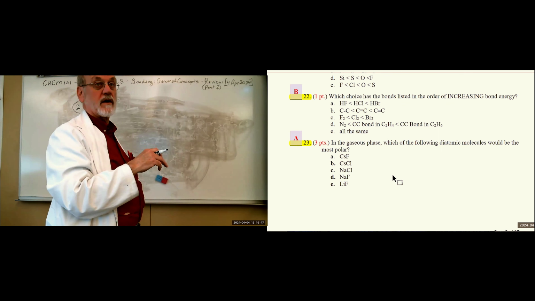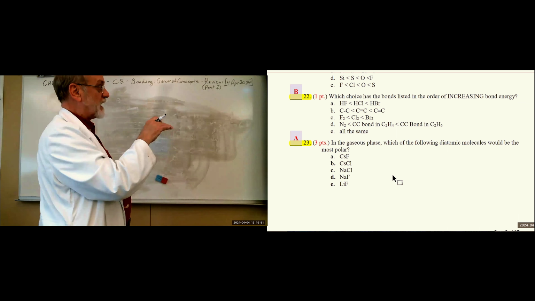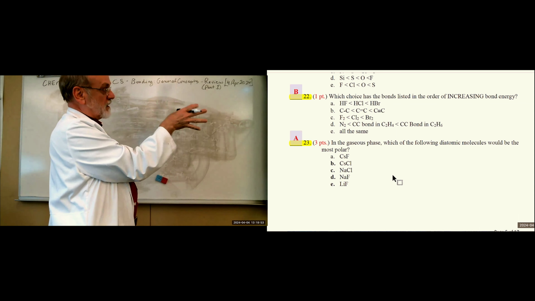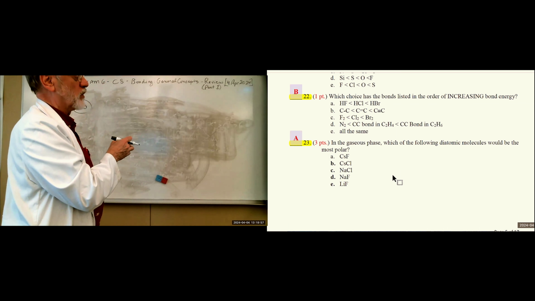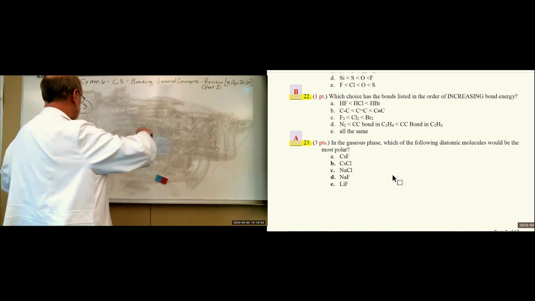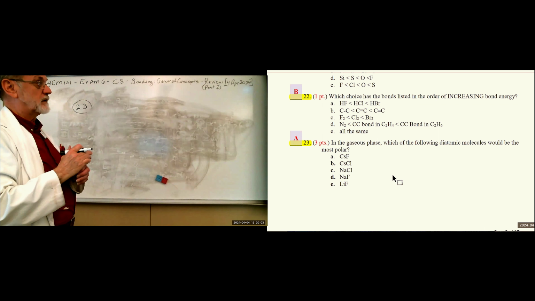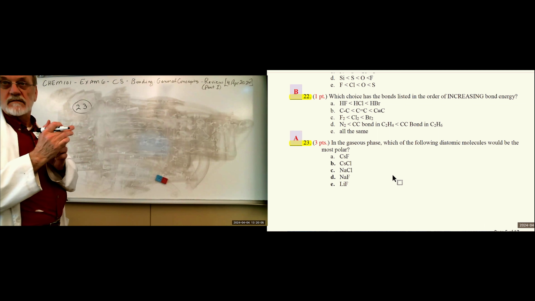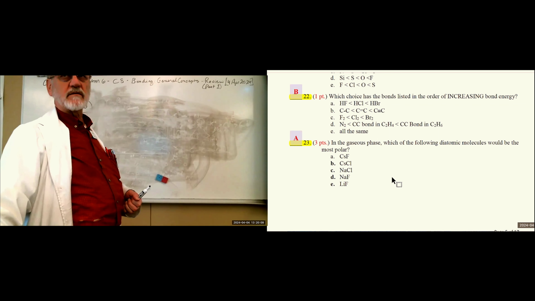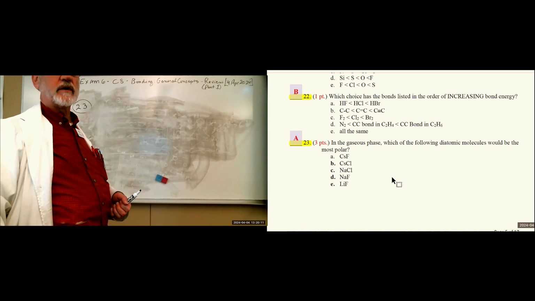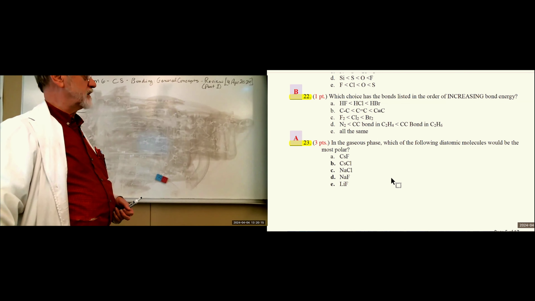That's an ionic compound. But when you move it into the gas phase, now you got individual cesiums connected to fluorines. So that would be the most polar bond in there because cesium and fluorine are at opposite ends of the periodic table. That one's easy. Cesium is like 0.7, I think, and fluorine's 4. So that's 3.3 difference in electronegativity, which is huge.